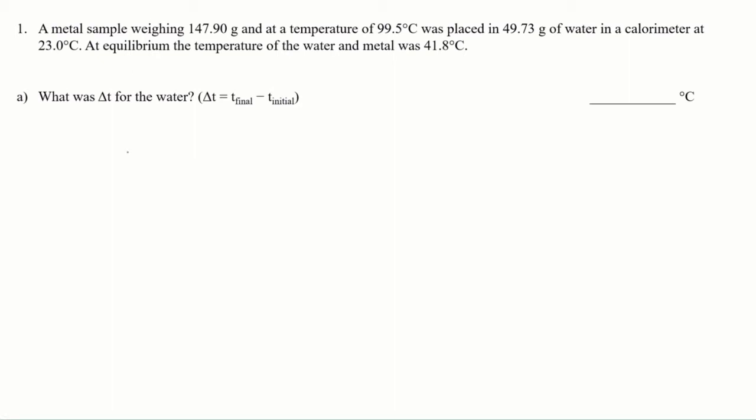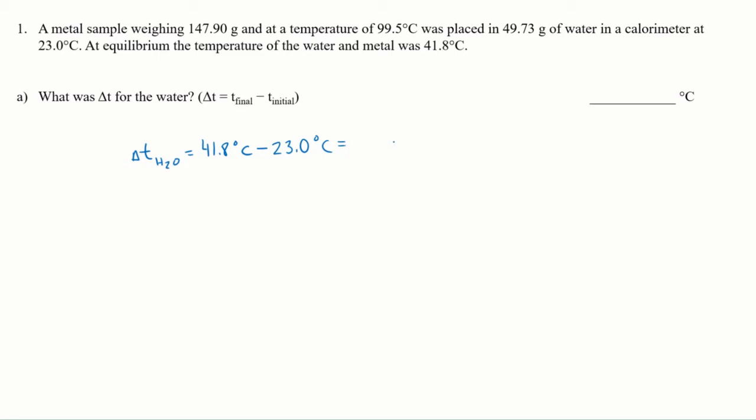So here, delta T of water will equal 41.8 degrees Celsius. That's the equilibrium temperature for both the metal and the water, minus the initial temperature of water, which was room temperature, 23.0 degrees Celsius.